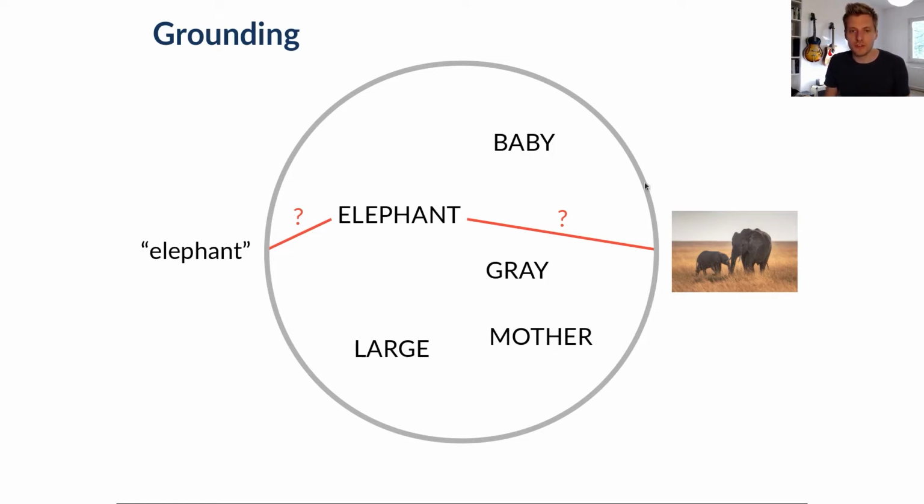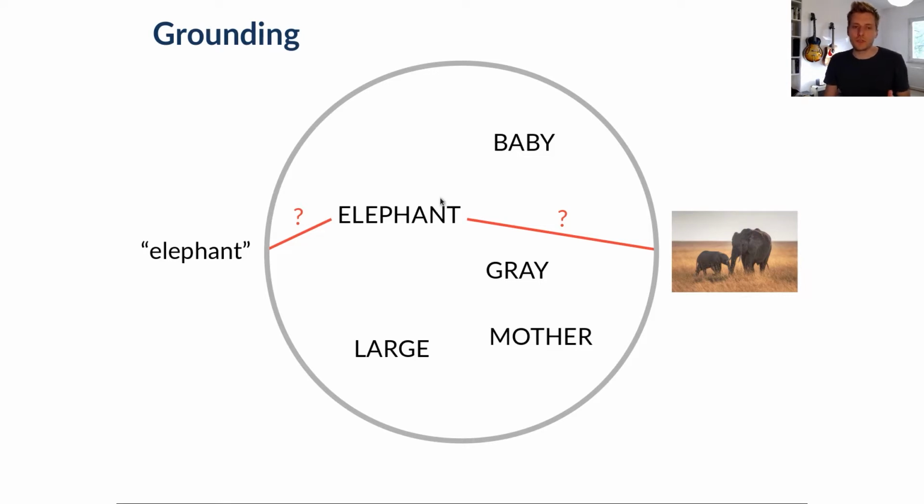So here's a depiction of that. The circle is one of these cognitive architectures, and the representations here of different concepts like baby or elephant are symbolic in the sense that these are just unique tokens. They actually used literal strings in these systems that then stand for what an elephant is.